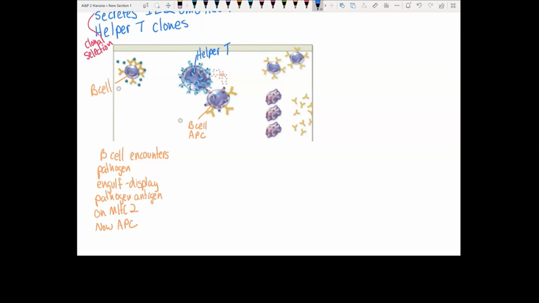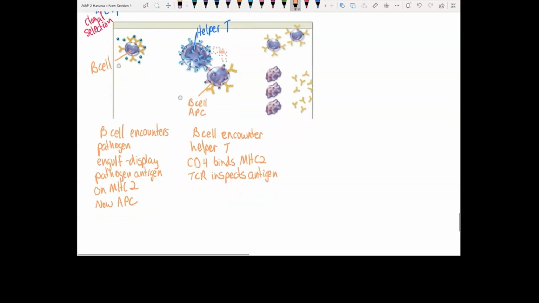You can't just go to any helper T. So then the B cell will encounter a helper T. The CD4 binds MHC2. Then the TCR inspects the antigen. It might take a few days of trial and error until you get your match, but then you find your match. So this is antigen challenge.